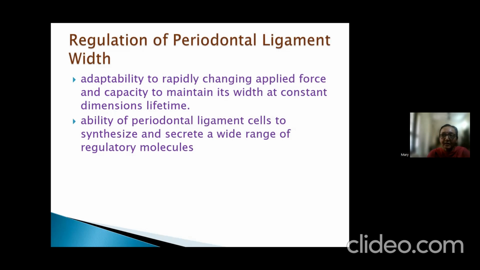Several people have tried to study the concept of maintaining the periodontal ligament width, and different people have come out with different theories about it.